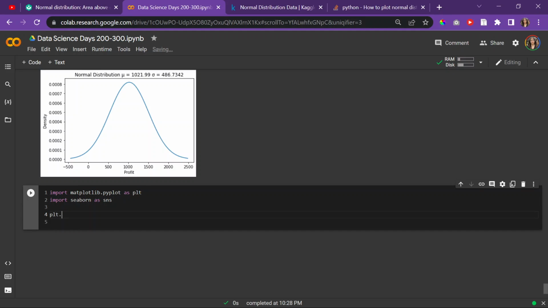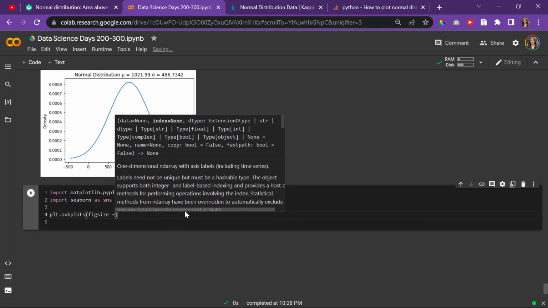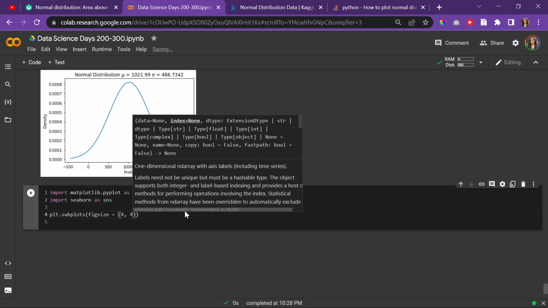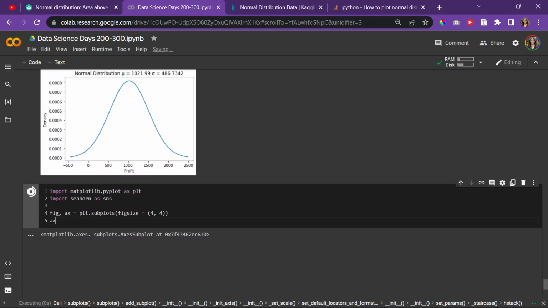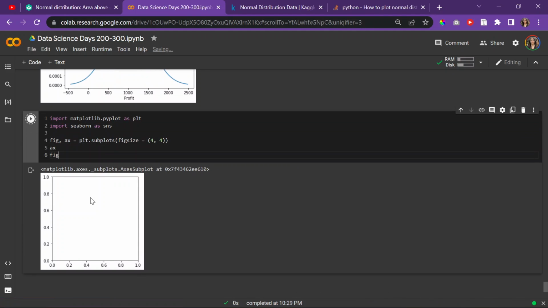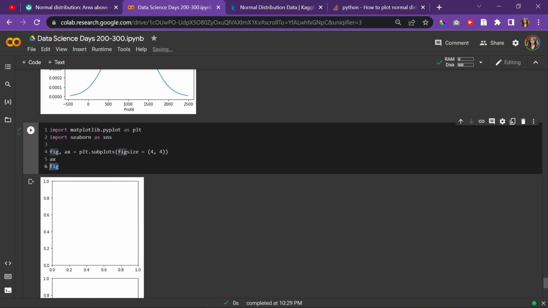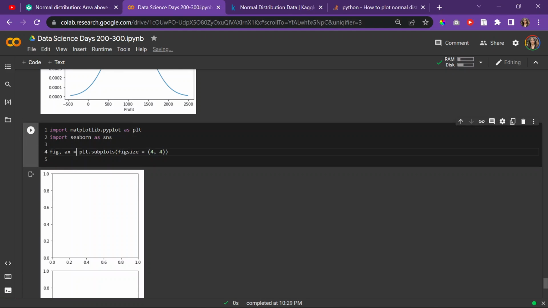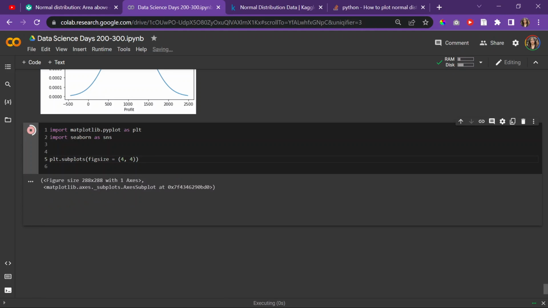Anyway, I'm gonna do that, and then once it unfreezes, I'm going to do plt.subplots, and I think that in here you do fig size, you put like a coordinate of 4, 4, and I'm not really sure, it's like a figure and axes type of thing, so if I do axes it gives me the axes, but if I do figure it gives me a certain figure and axes, right?